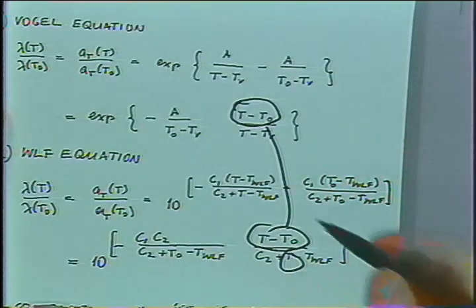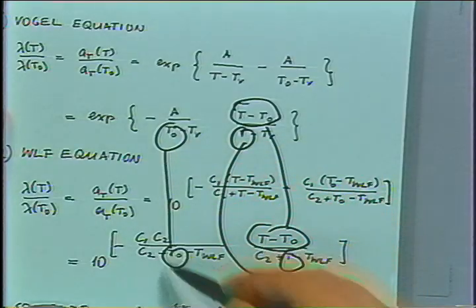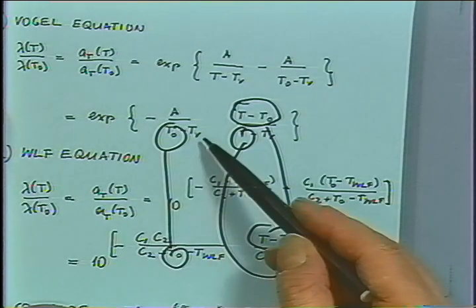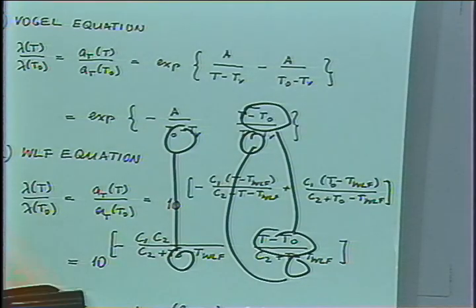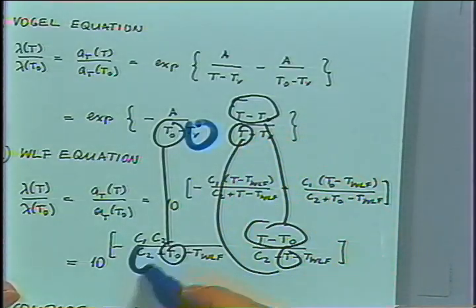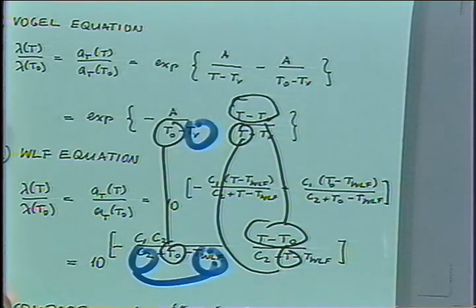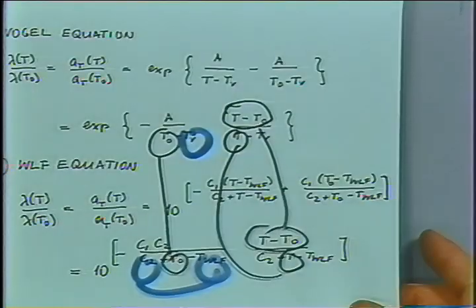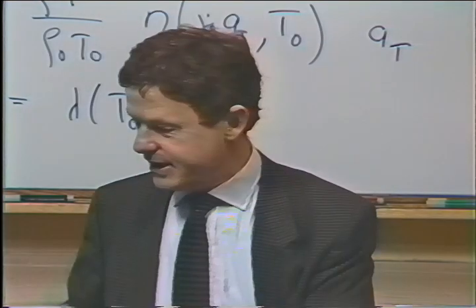Then the temperature down here occurs down here, and also T0 occurs down here. So if C2 minus TWLF is equal to the Vogel temperature, right? This would be one of the constants here. This would be equal to this combined, and then the other constant here, A, is given with C1 and C2, and that's it. I hope I convinced you that both forms are really equivalent.